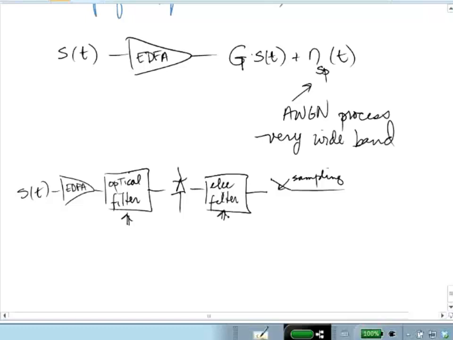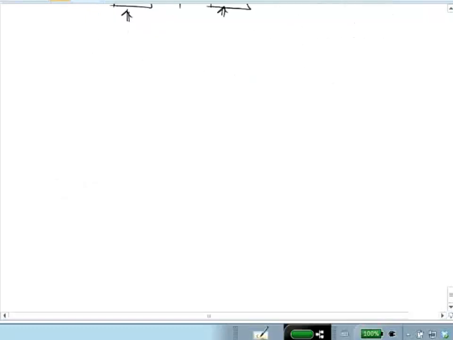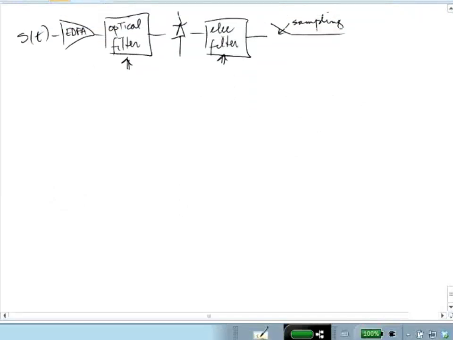But of course, let's go into the mathematical description of what we see going on here. So what happens when I have a signal plus a noise process that goes into the photodetector? The photodiode produces photocurrent proportional to the square of the sum of the filtered signal and the ASE field. So what's going in to the photodetector is now G times S of t plus this noise process.